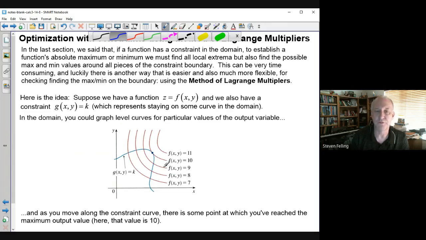Right? And maybe we're trying to figure out, what would be, say, the maximum value or the minimum value of this function subject to a constraint, right? I can see that as I'm moving from level curve to level curve, the output is increasing, right?